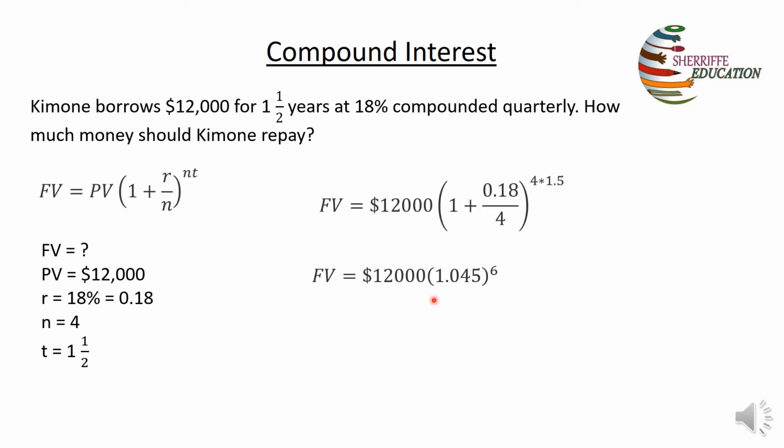For me, I would say 1.045 to the 6th and then multiply that exact value by $12,000, which would give the future value to be $15,627.12. Now just a note, we're talking about money, and when dealing with money we try to round to 2 decimal places.